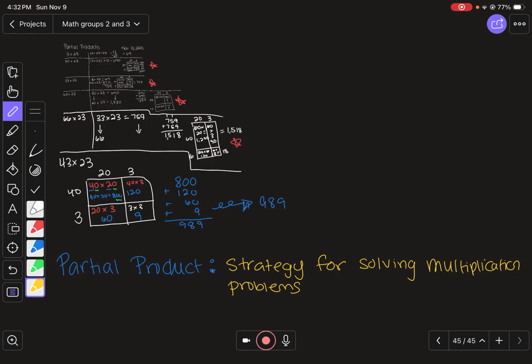Partial products are going to be super, super helpful when we start solving these larger multiplication problems.